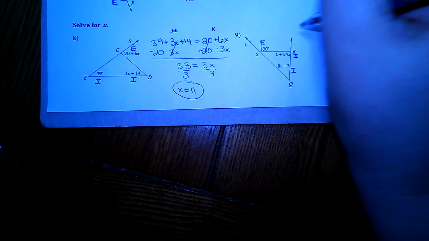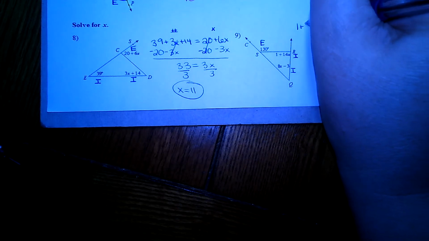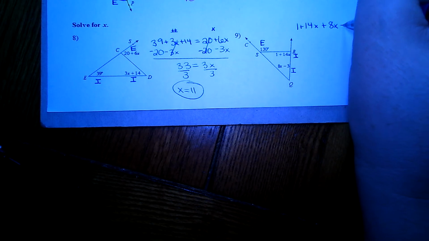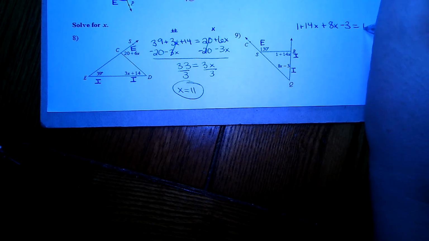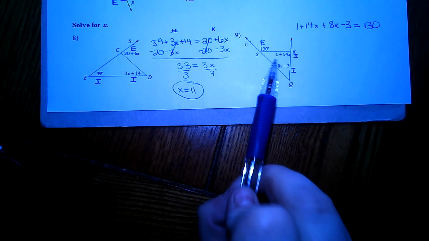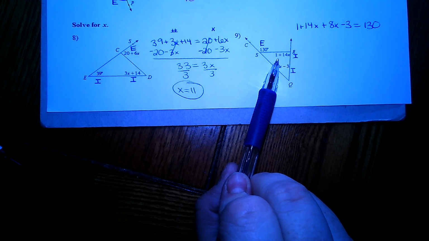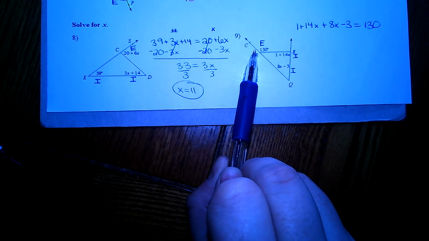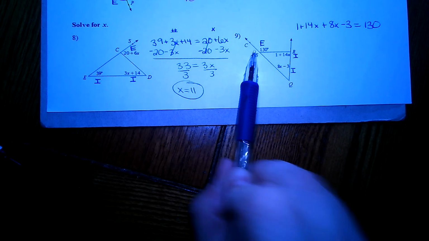So my setup is going to look like this. Interior plus interior equals exterior. So 1 plus 14x plus 8x take away 3 is equal to 130.